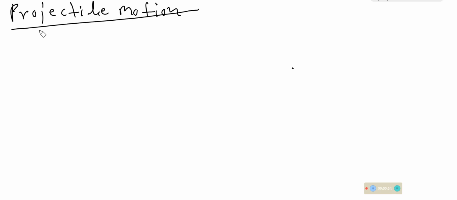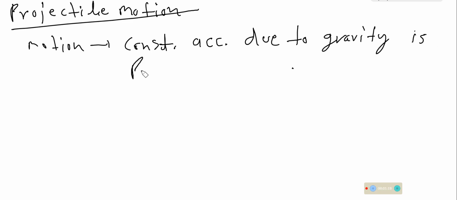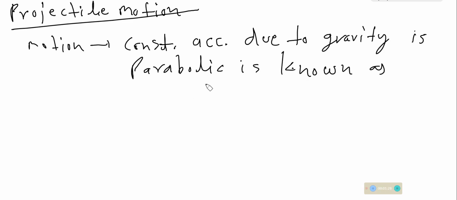Motion under constant acceleration due to gravity is parabolic, known as projectile motion.